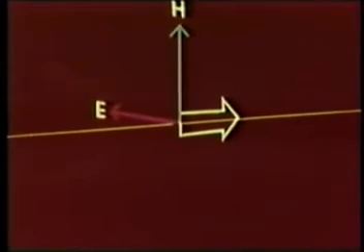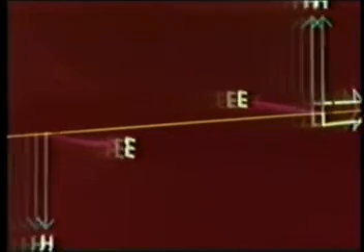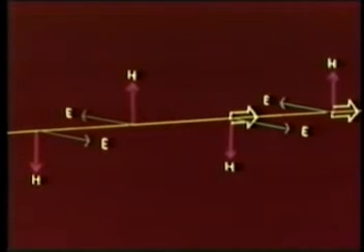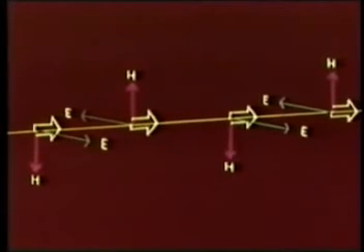In the next half cycle, the E and H vectors reverse. Applying Poynting's rule again, we see that the direction of propagation is unchanged. Although we have considered only peak vectors, any vector pair would give the same direction of propagation. Let us now consider what happens when the wave strikes a reflecting surface. We will consider only one pair of the peak vectors.